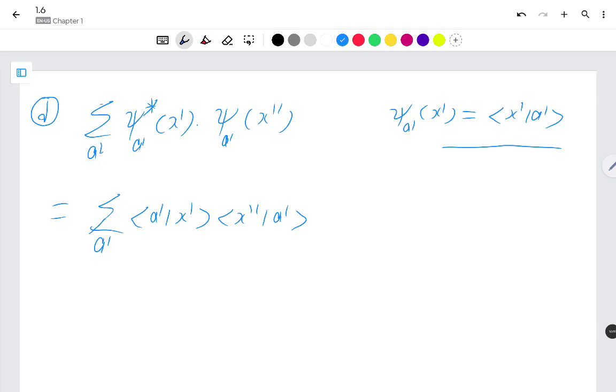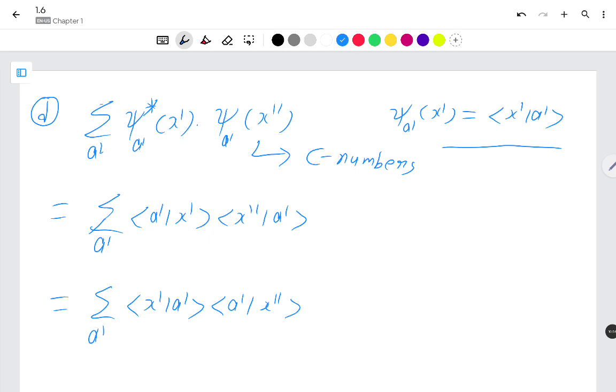If we take a complex conjugate of this, what will we have? It will again be changing the order. These are some complex numbers. Psi star psi, so this will be a prime, a prime.